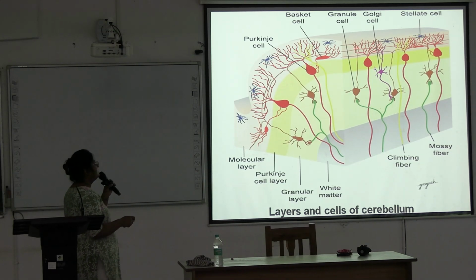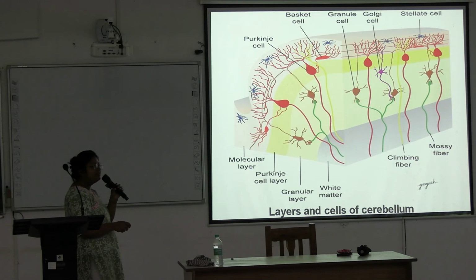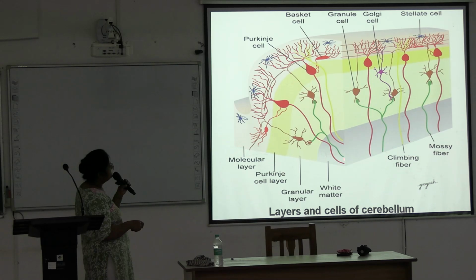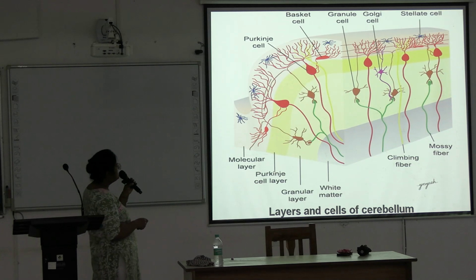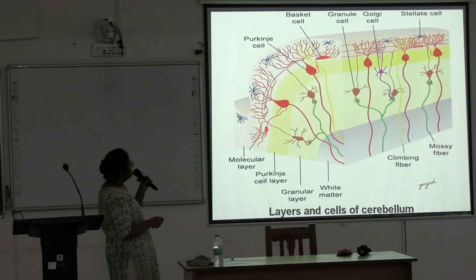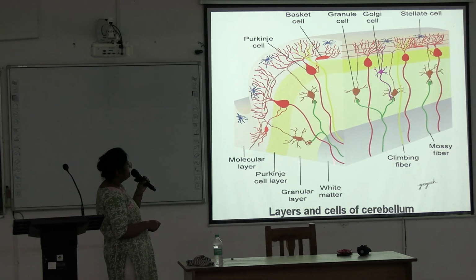In the Purkinje cell layer, there is only a single layer of Purkinje cell bodies. In the granular layer, you can see the axons of the Purkinje cells, which are the only efferent from the cerebellum. They pass through this granular layer, and here you get the Golgi cells, granule cells, and the mossy fibers.